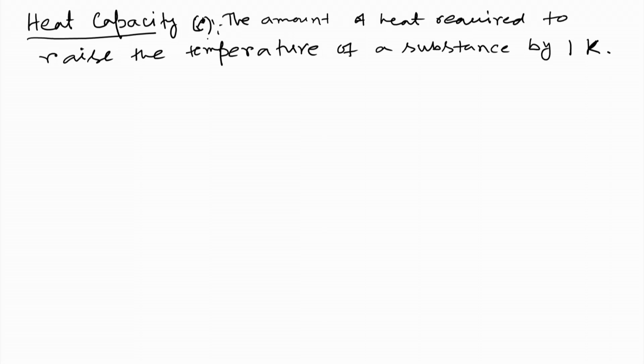So, C is nothing but dU by dT. Now, is it an extensive property or an intensive property? Heat capacity depends on the amount of heat required to raise the temperature of the substance by 1 degree, so it depends on the amount of substance.